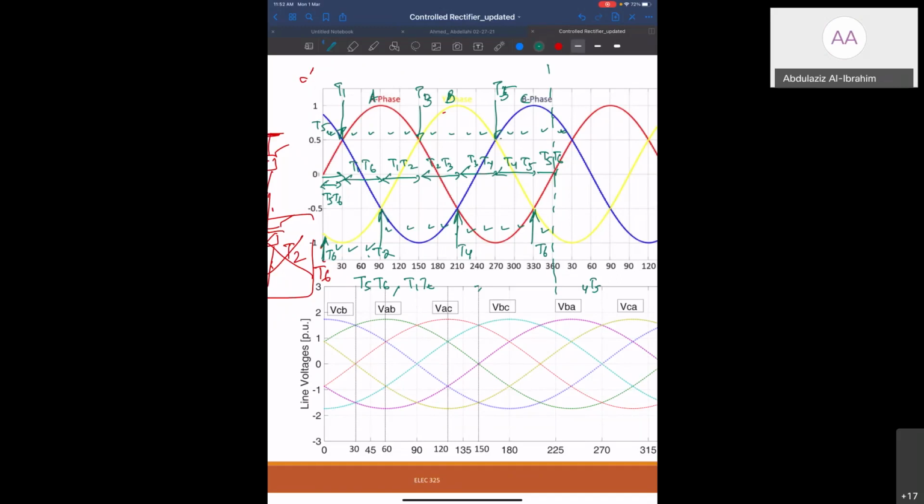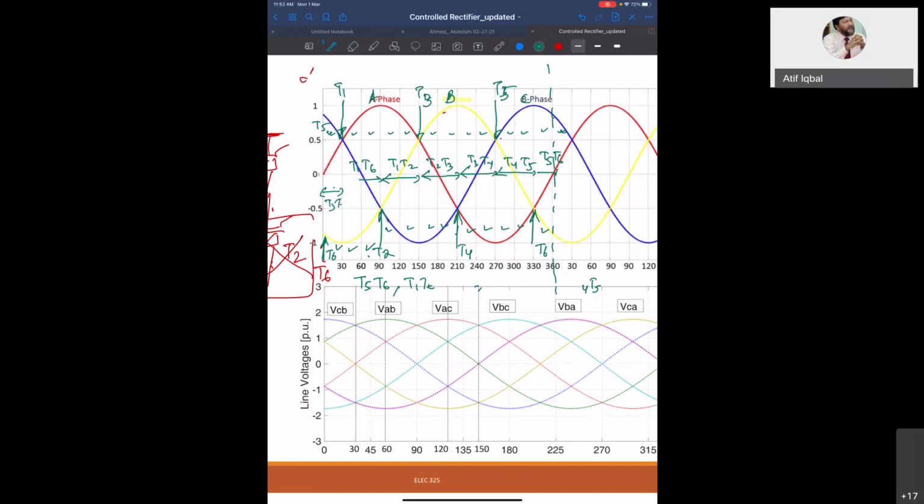Okay, next. Now we will see what voltages will come across the line, across the load. You see here, when T5 and T6 are operating, 1 block.